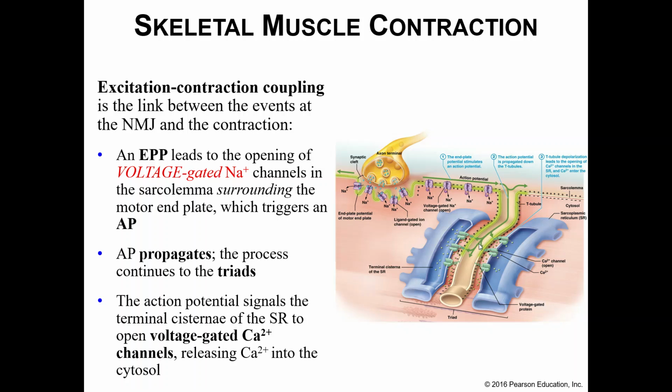When the action potential reaches the T-tubules, we have more calcium channels. We have voltage-gated calcium channels here as well. These are going to open up because of the membrane potential change from the action potential. These calcium channels open up, and calcium is going to be released into the cytosol.